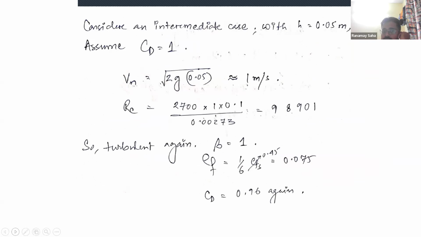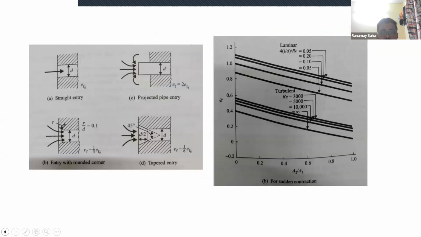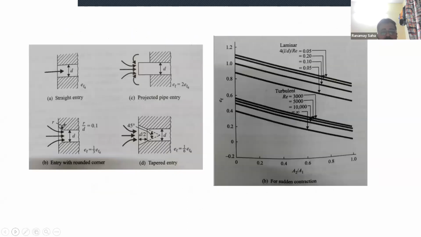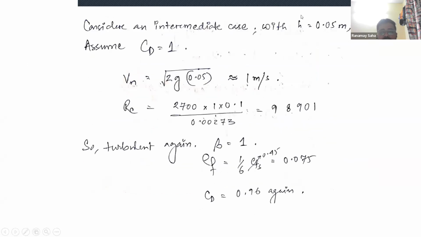Now we have considered another case in which HB is equal to 0.05 meter, anywhere in between 0 and the total height, in this case 1.5 meter. You can take anything in between, right? So we have taken 0.05 meter and assumed CD as 1.